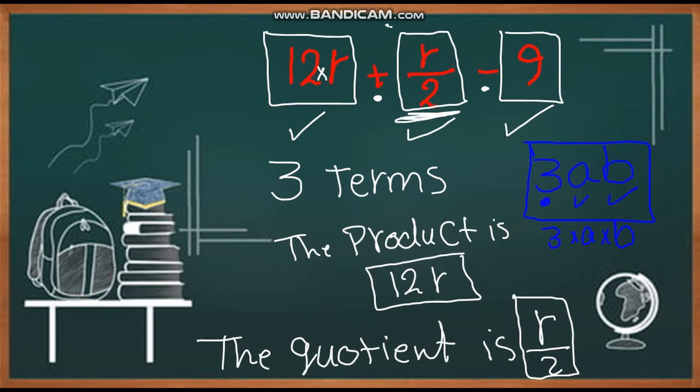And the term which has the product of two factors is the first term, 12r. 12r is a product because we multiply 12 times r. And the term which has the quotient is the second term, r out of 2. The quotient here is r divided by 2. r is the dividend and 2 is the divisor.